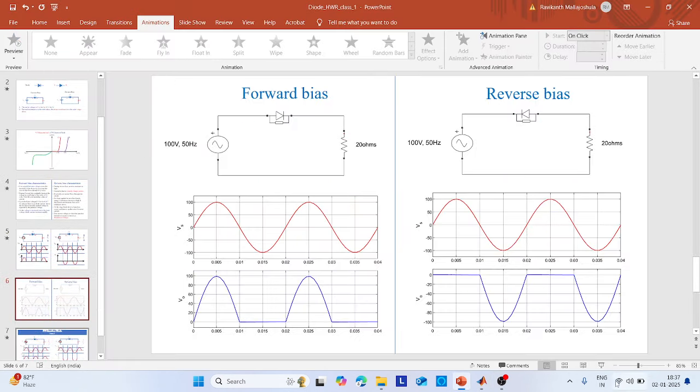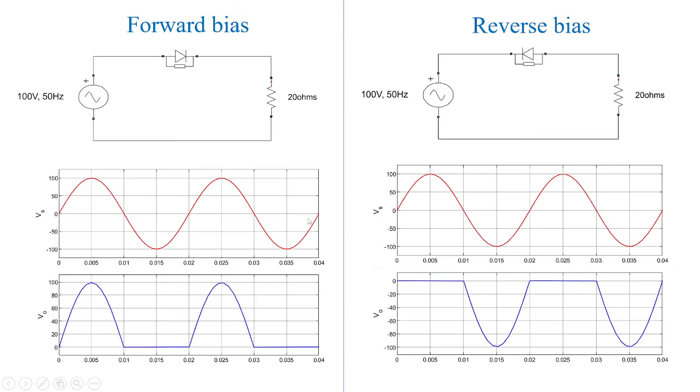So if you look into the final way of forward bias and reverse bias under input as 100 volts, this is how you got the output of the voltage across the resistor under forward bias and under reverse bias. So that is a practical application of the diode as half-wave rectifier.